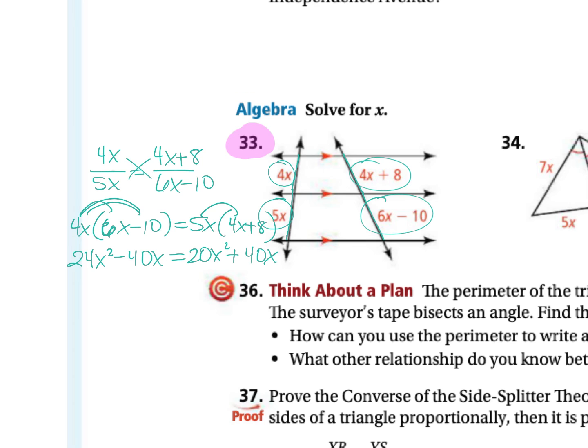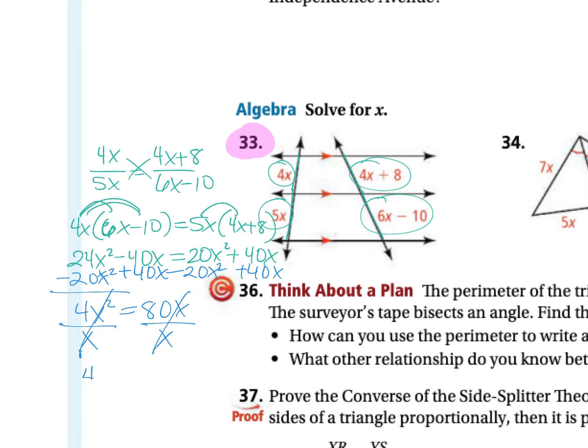Okay, now when you solve this, when you simplify, if I take away 20x squared, I get 4x squared over here, then add 40x to this side. Okay, 4x squared equals 80x. If you just divide by x right now, you don't have to do the quadratic formula because you'll be left with 4x equals 80, divided by 4, so x is 20. Okay, no need for quadratic formula because there was no constant throwing us off there.